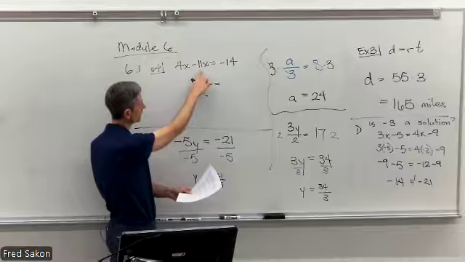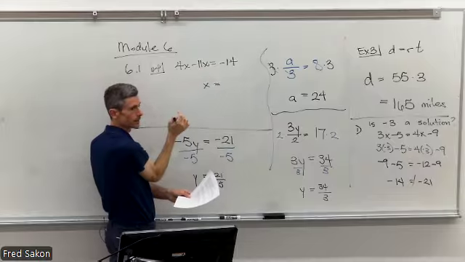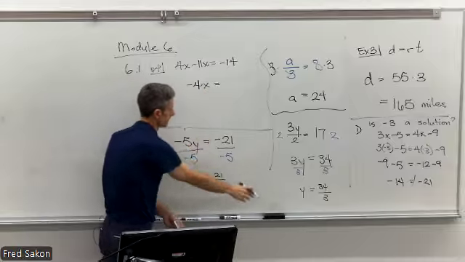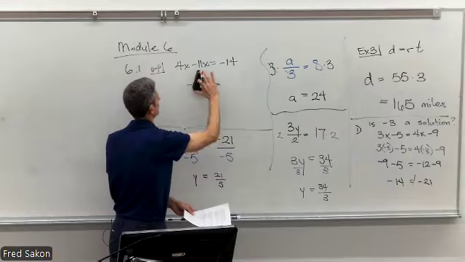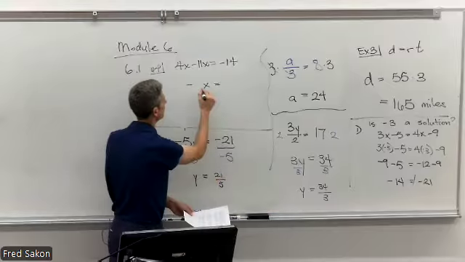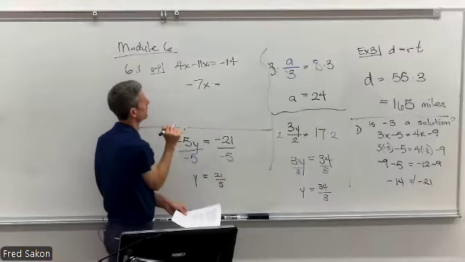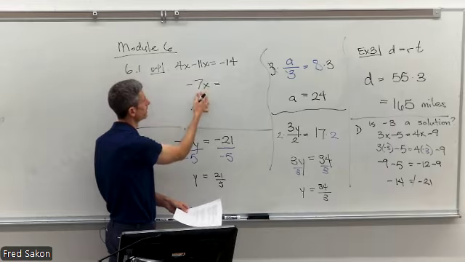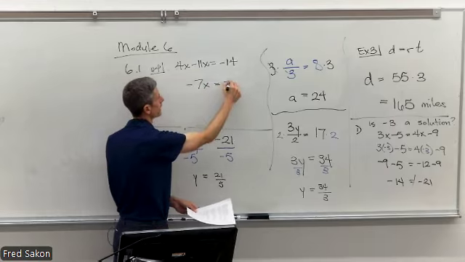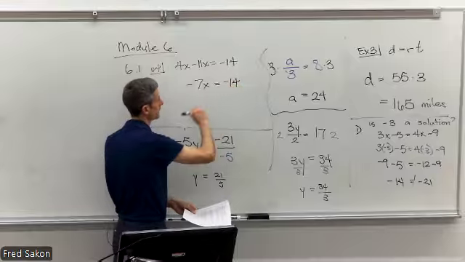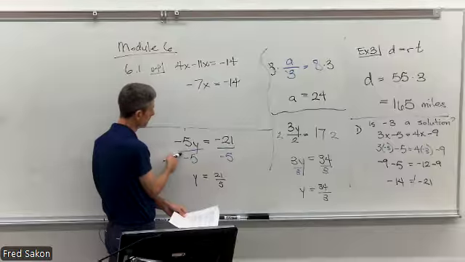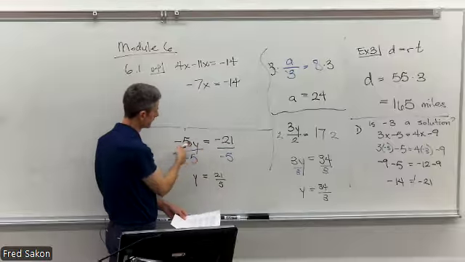4x's minus 11x's, -7. Oops, -7x. Operate on your front numbers, 4 minus 11 is -7. And then I'm going to bring down this. And then it becomes exactly like this problem. Notice, same structure.